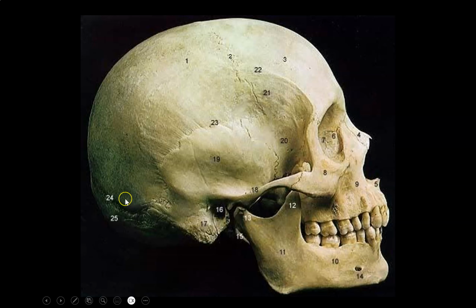You remember we said that the transverse extends from the inion to the supramastoid crest, and that intersection is where it ends and forms the sigmoid. So this is the circuit.